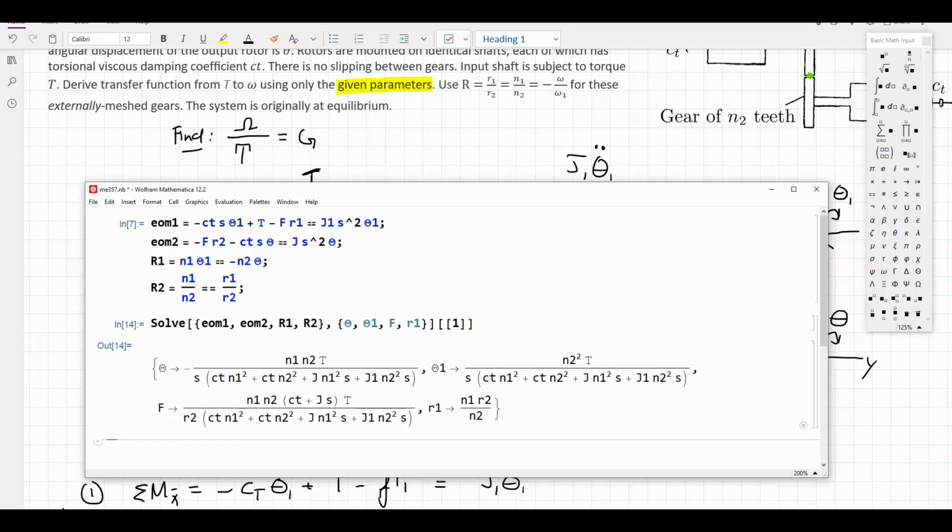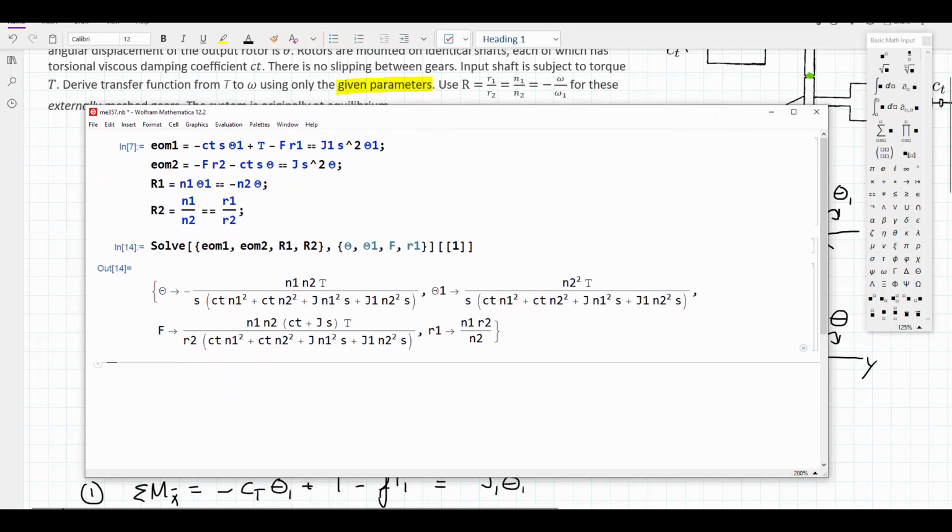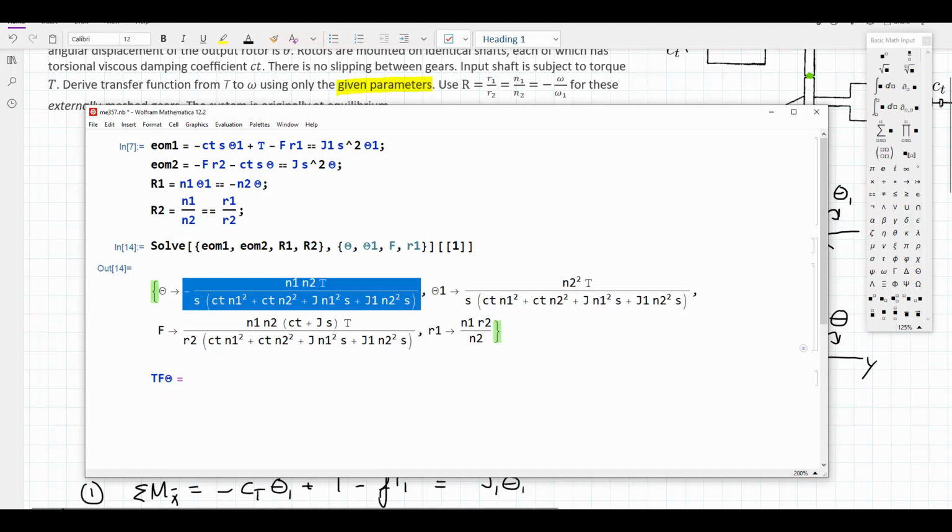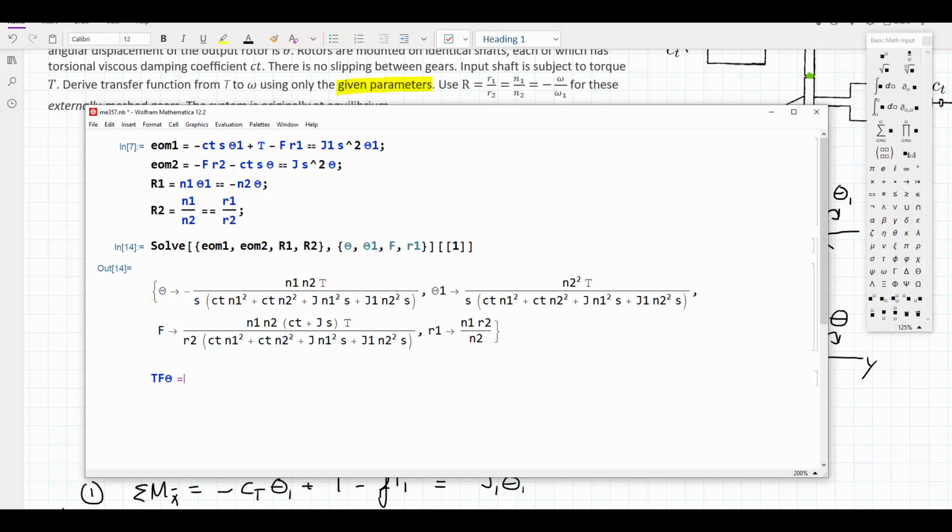So let me actually first get the transfer function for theta. I will call this TF theta, and that will equal, so I want to take this whole right side here, and I want the transfer function, so that is theta over t. So I will delete t from here, and this is my TF theta. That is my transfer function that takes me from t on the bottom to theta on the top.